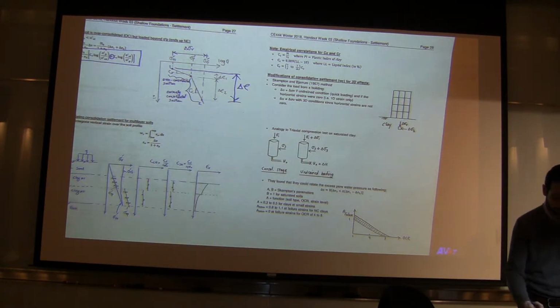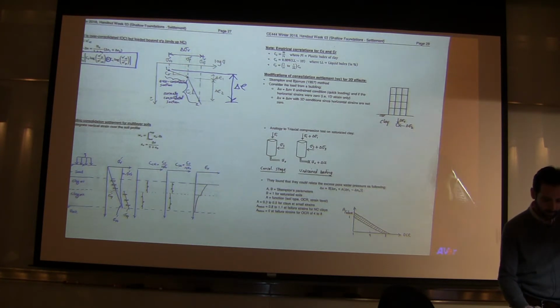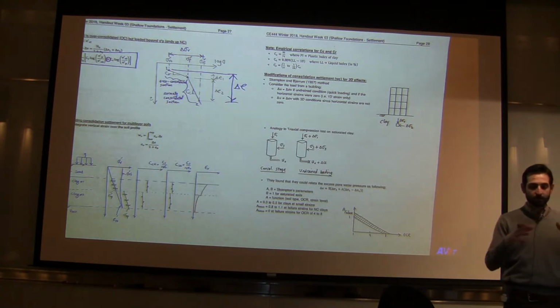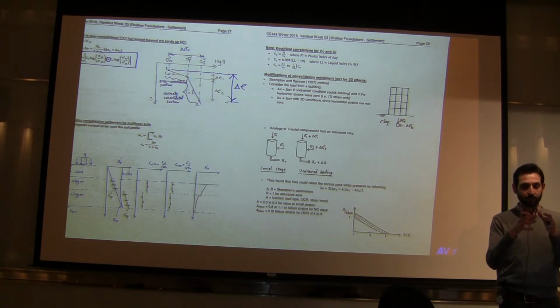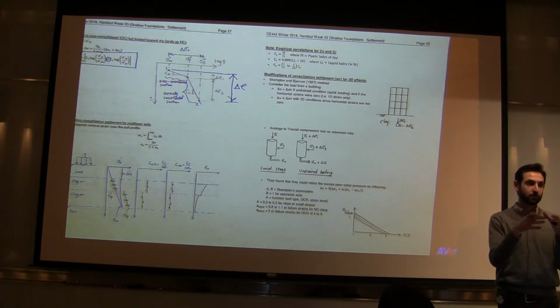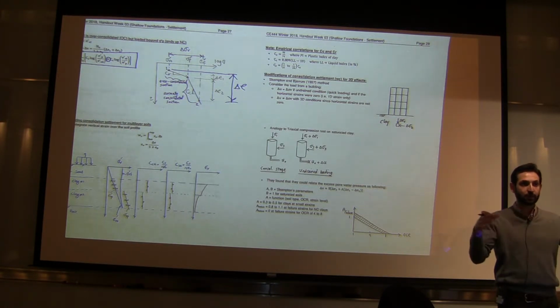If you look at this building right here, it's on clay, and one soil element underneath that building is subjected to a horizontal force and a vertical force. Because the soil has the capability of expanding laterally underneath this building, the pore water pressure is not going to be the same as if it was inside a rigid ring in a consolidometer test, because it has that flexibility to expand.